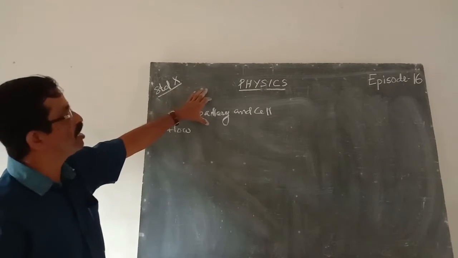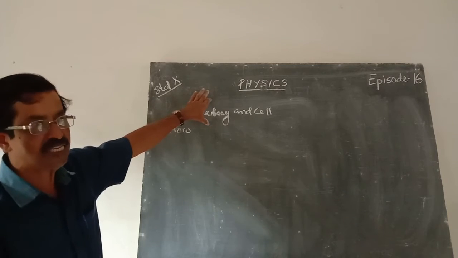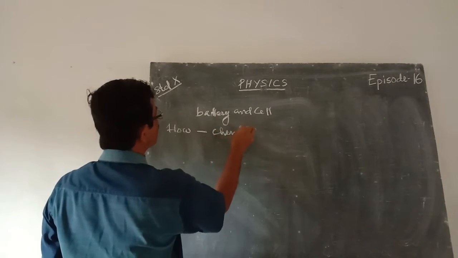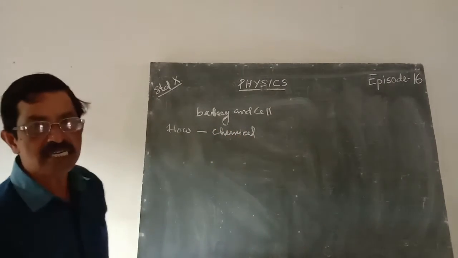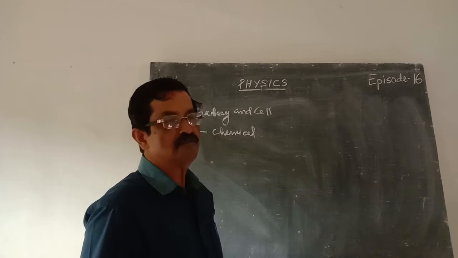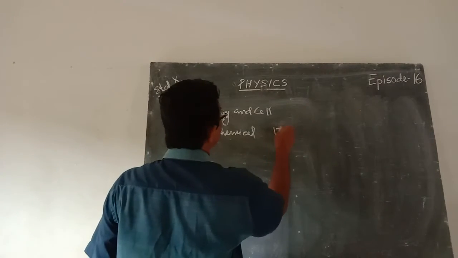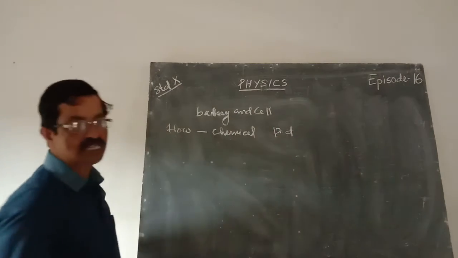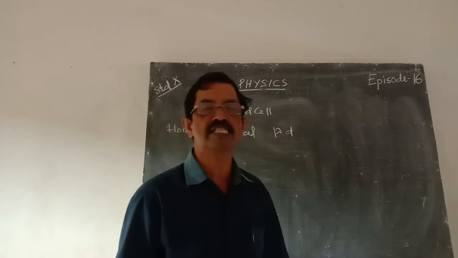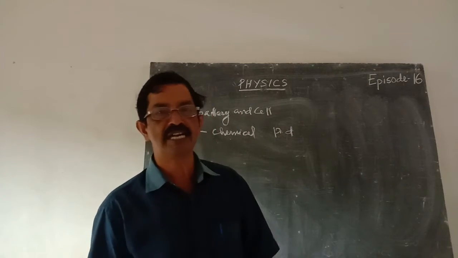Within the cell, some chemical reaction takes place. The chemical energy within the cell is converted into electrical energy, and that produces a potential difference.